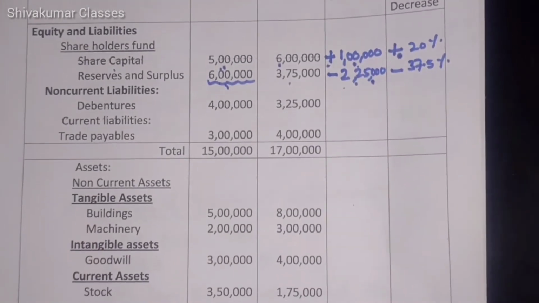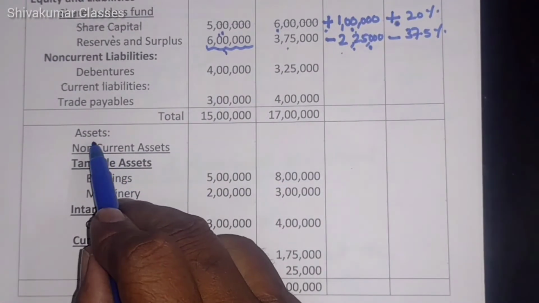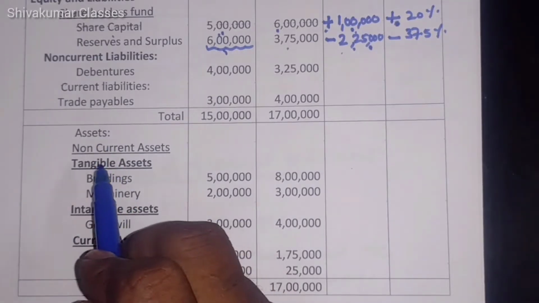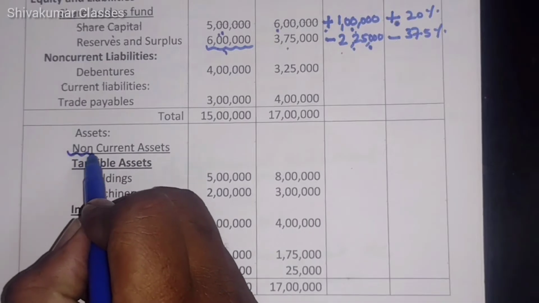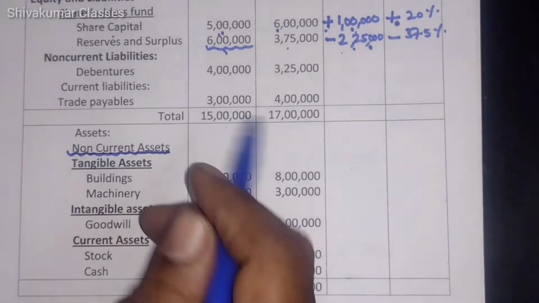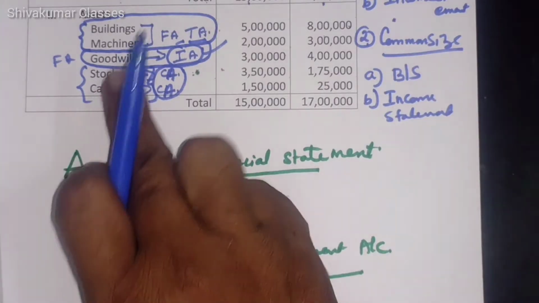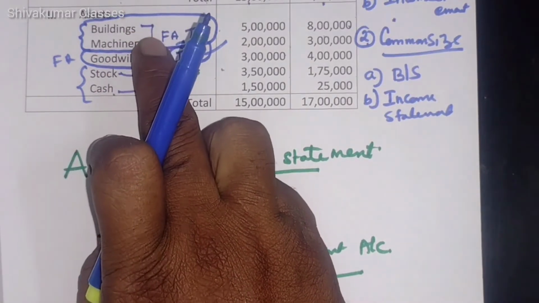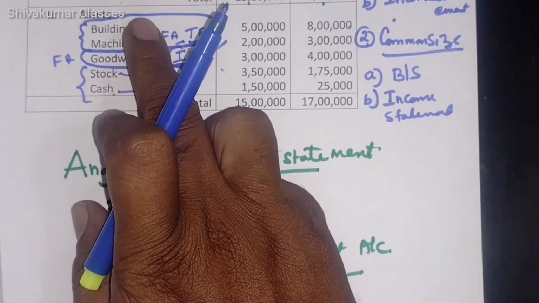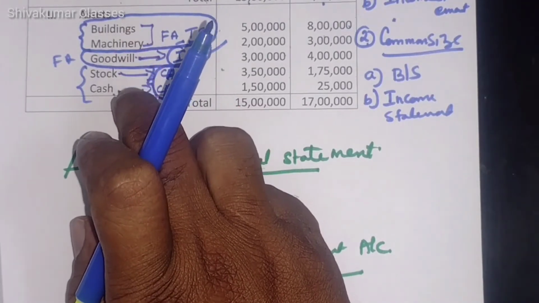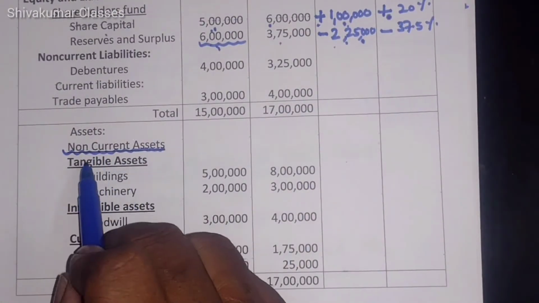But one piece of information you have to see in the answer is that while working out the answer, I have shown extra entries, that is headings. They were not provided in the question. If you look at the question, only building, machinery, goodwill, stock and cash were given. But where these items will appear under the appropriate heading has been made here.